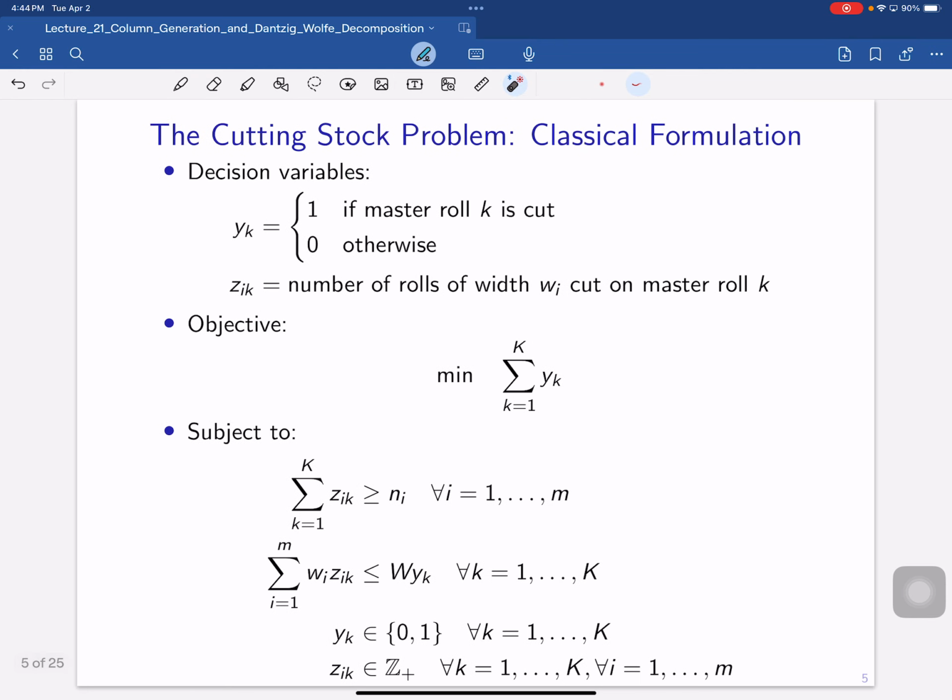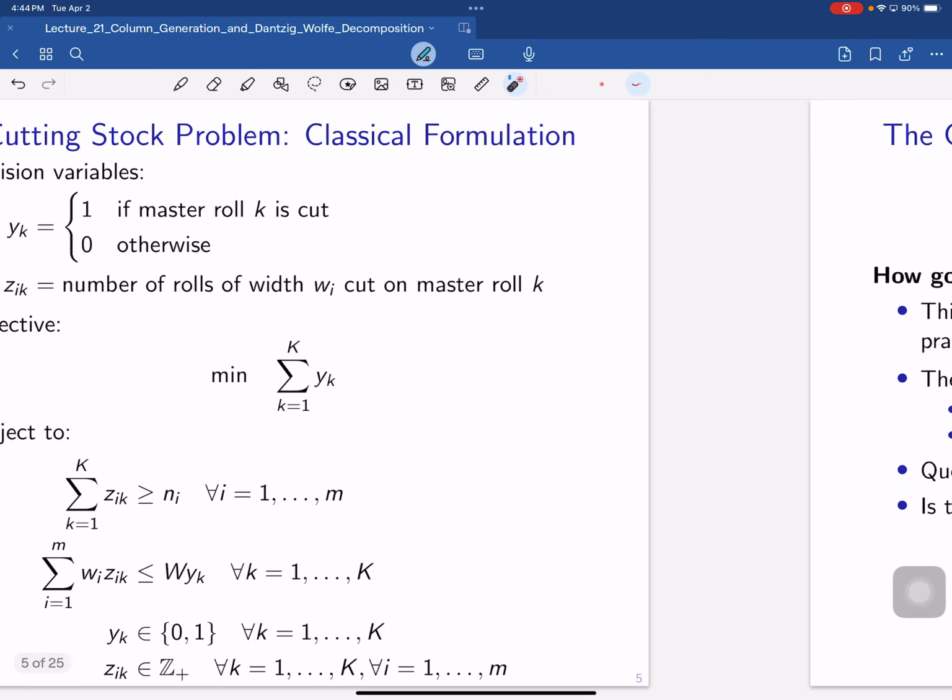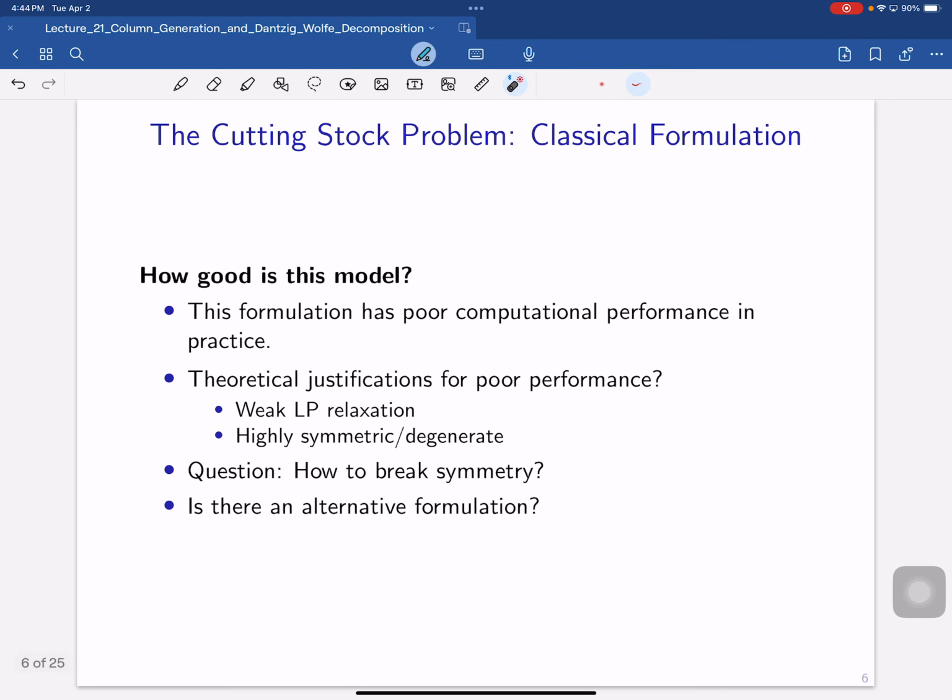Okay, so that's just a repetition of this formulation here. People have run some computational experiments, and we find out that this formulation has very poor computational performance. One is because of the weak LP relaxation. The other is the highly symmetric and degenerate solution. Once you find a solution of this problem, by symmetry you can always find another: just switch two paper rows, and maybe they were cut in the same way.